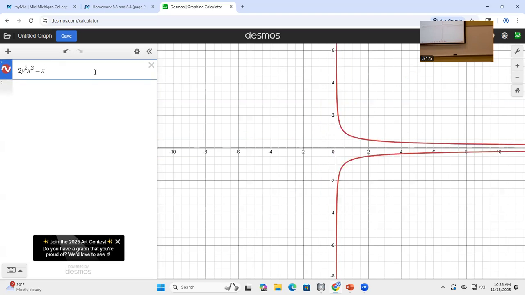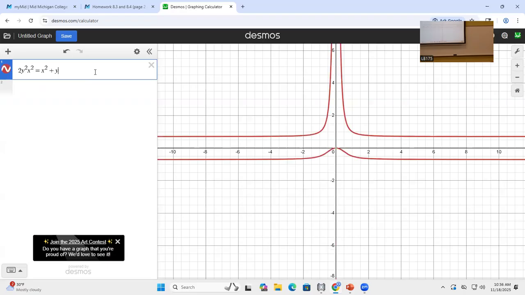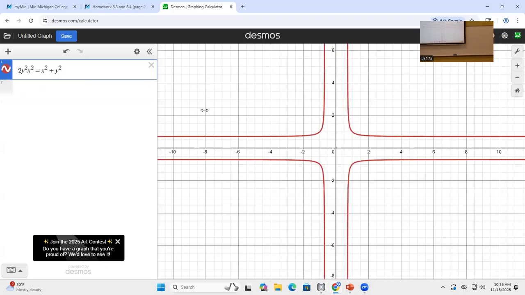Weird shape. Weird looking shape graph. Obviously not a function in terms of x's and y's. Y is not a function of x. Fails the vertical line test a lot. But weird situation there.